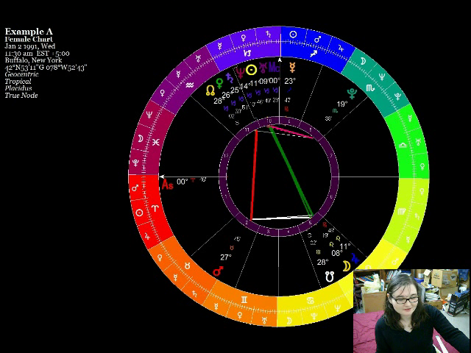So now that we know the arc of the event, we need to determine a significant planet to use for this event. Now, since it's the death of her mother, some people would use the ruler of the 8th house or the 12th house, which means death.